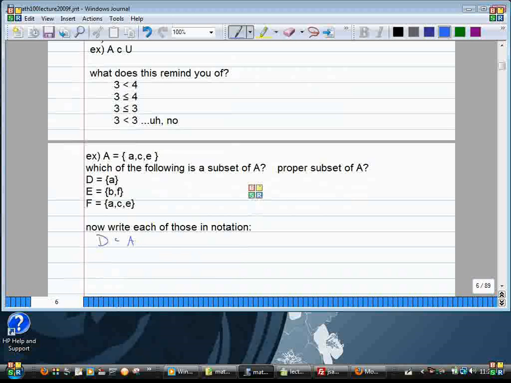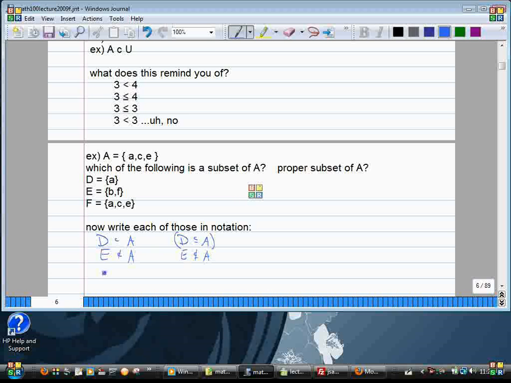D is a proper subset of A. So just to remind you, you could also say that D is a subset of A. Okay. Now what about for set E? And of course we can also write that E is not a subset of A. So E is not a proper subset of A, and E is not a subset of A.